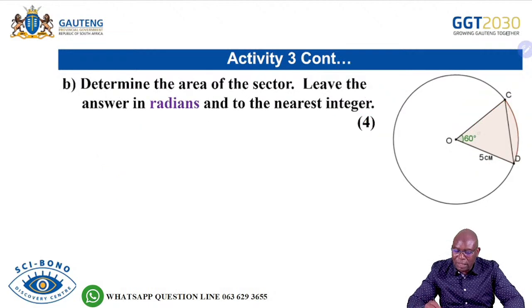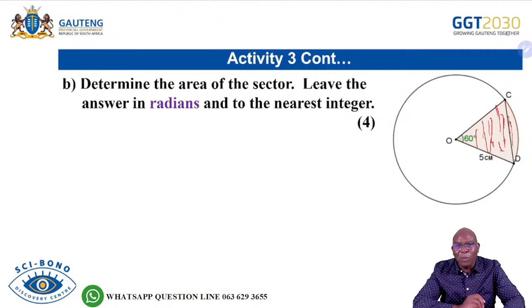So the area of the sector is the whole shaded area there. Can you see the whole shaded area? There's the sector. They say leave the answer in radians to the nearest integer. So how am I going to find the area of that sector? Already in the last question I have the arc length, so which formula should I use?